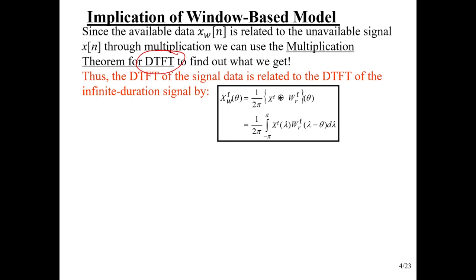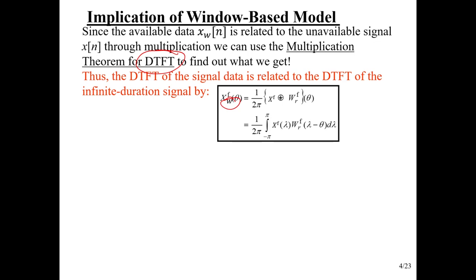So there's a theorem for that that says if you multiply in the time domain, the result is the convolution of those two DTFTs convolved together to give the resulting signal's DTFT. So I put a subscript here, W, to represent the DTFT of the windowed signal.